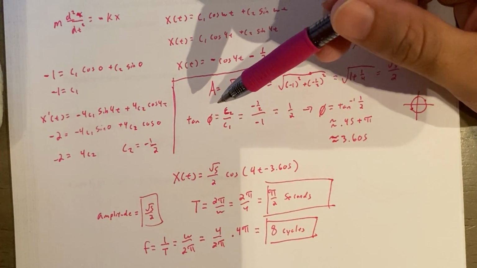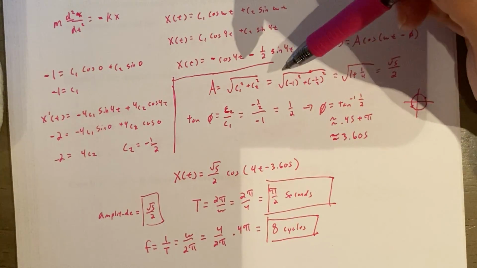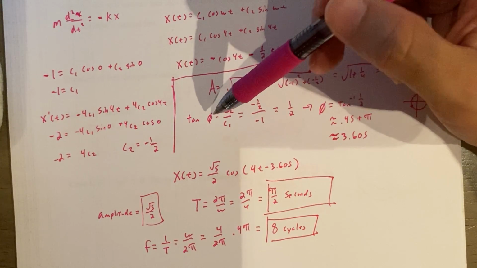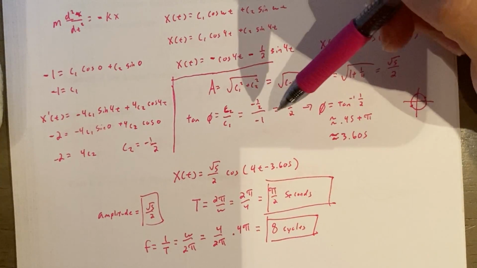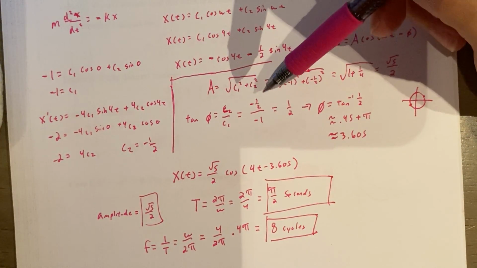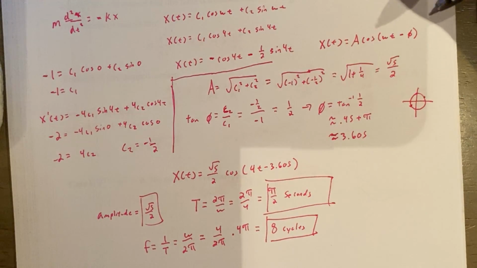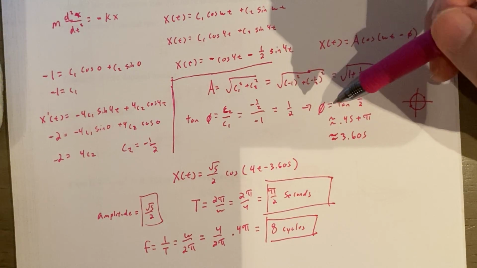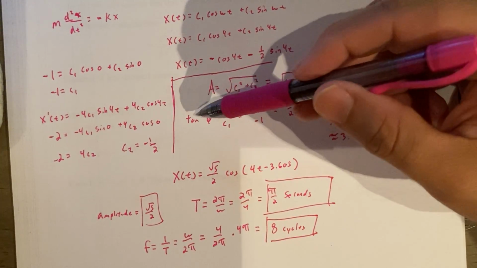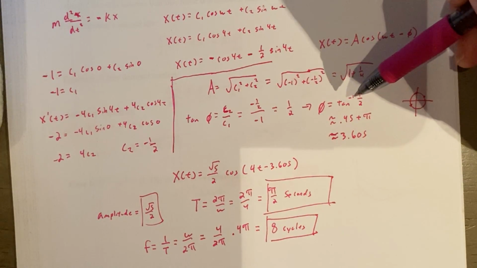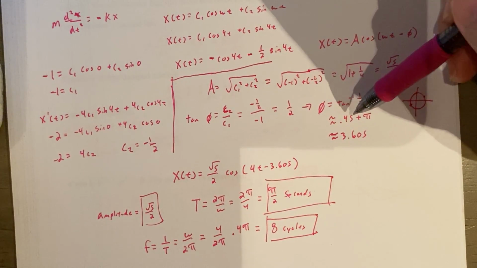To find our phi, it's pretty much taking the tangent of this, so the tangent of phi is going to be c sub 2 over c sub 1. And again, c sub 2 is -1/2, c sub 1 is -1. We get 1/2. So the tangent of phi is equal to 1/2. Take the inverse tangent of both sides. We get 0.45.